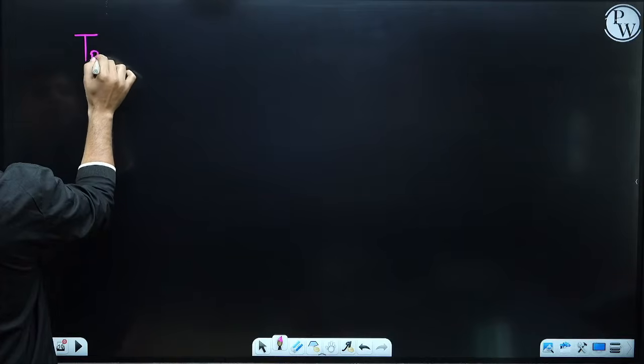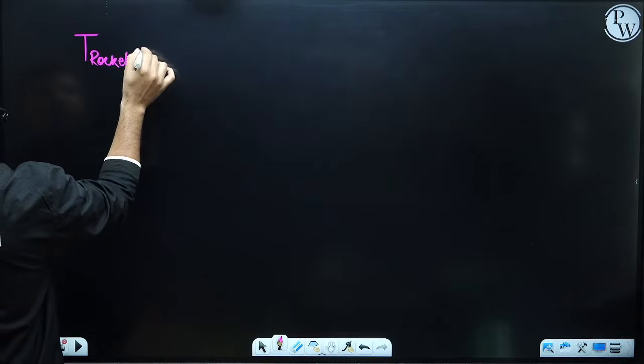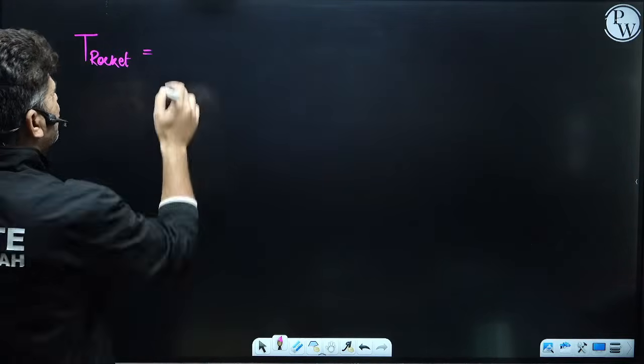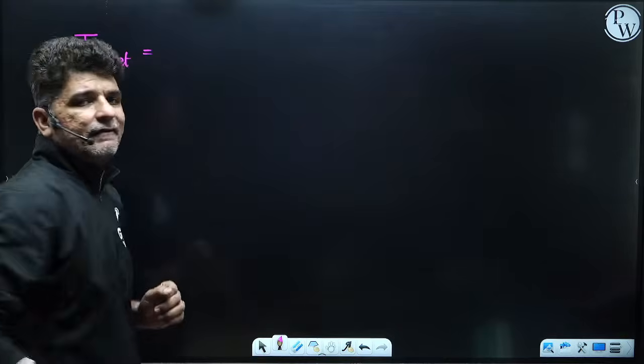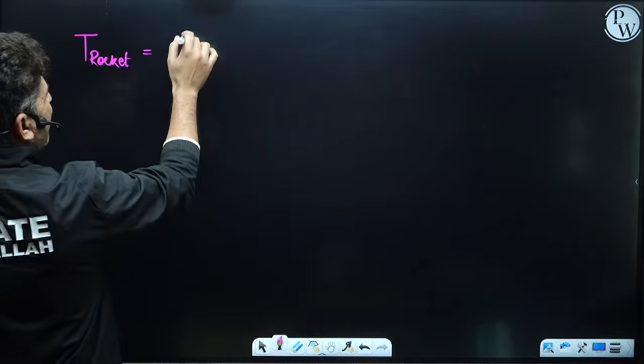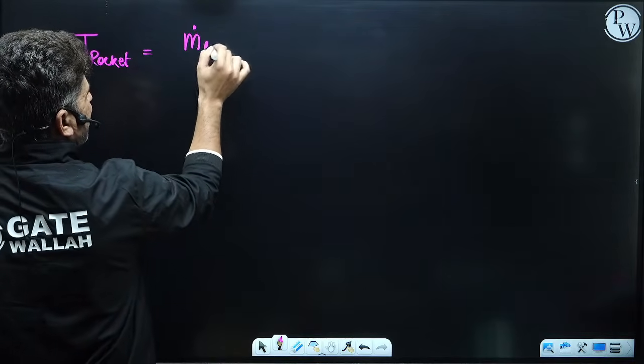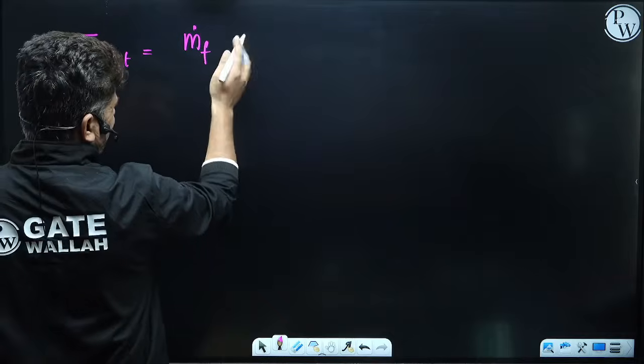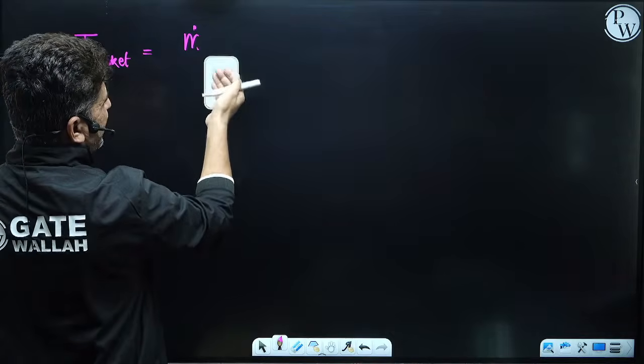So thrust for a rocket would be equal to, so now you do not have any mass flow rate of air. You have only mass flow rate of mixture.